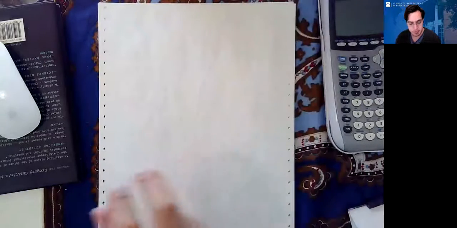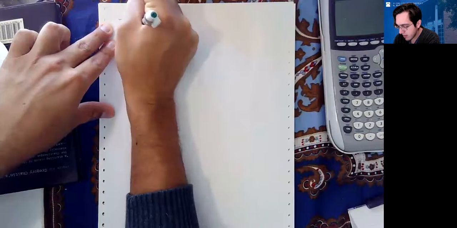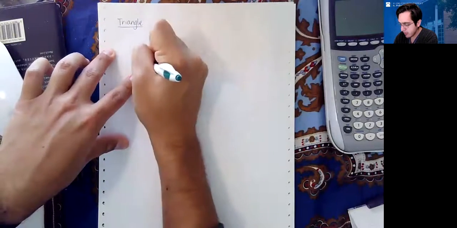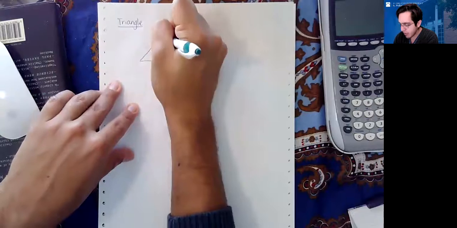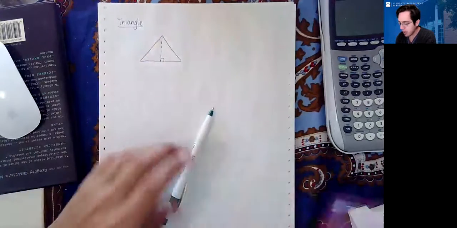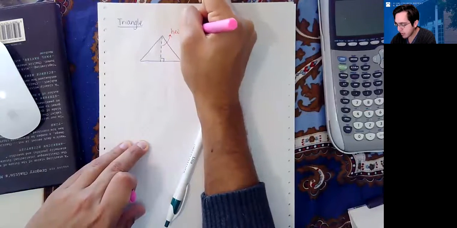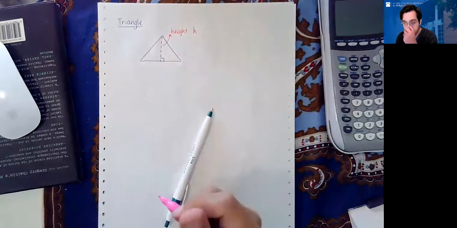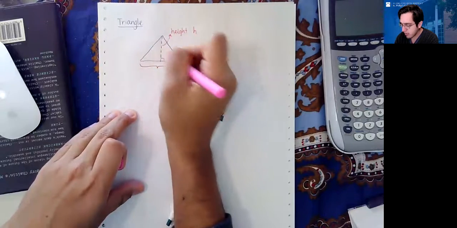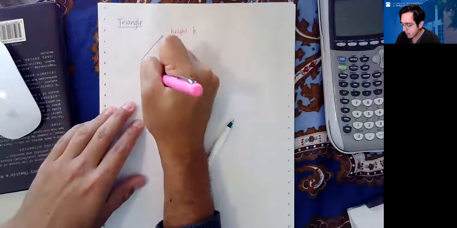The shapes that we're going to run into are triangles. And typically a triangle will be expressed like this, where we have some dashed line here in the middle that gives us a measurement of the height of the triangle. So the height of the triangle is represented by the letter H. And then the bottom of the triangle, which is typically sort of perpendicular from the height, is the base.